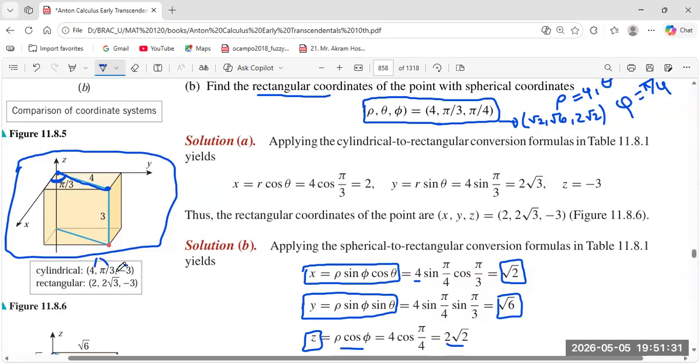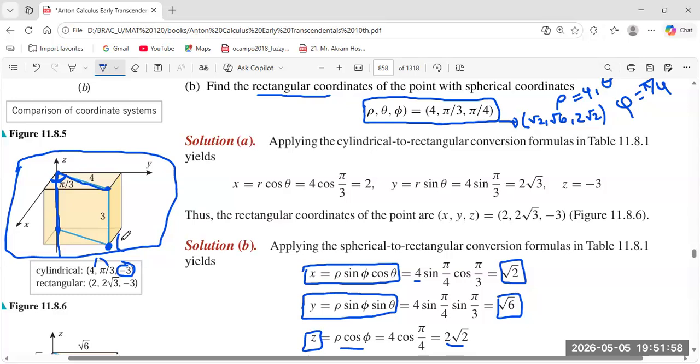And the z value is negative 3. That is, we need to move 3 units in the negative z direction. So the representation of 4, pi by 3, comma negative 3 is basically this point.